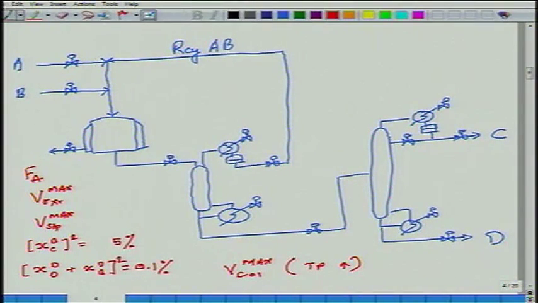Now that I know that V column is going to be at max, V stripper is going to be at max, V column can go to max if I need to jack up my throughput. Okay. I will start doing things. Let us say the choice of throughput manipulator is mine. Simplest thing to do is use the last constraint that becomes active as the throughput manipulator.